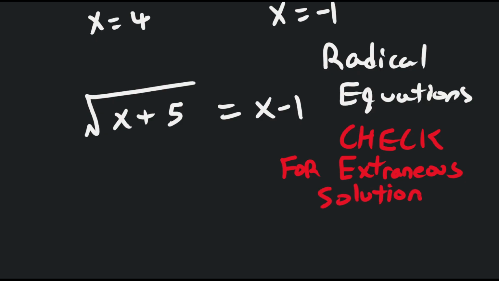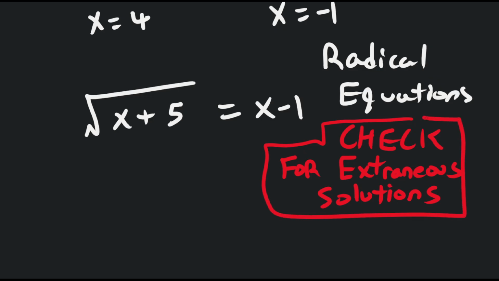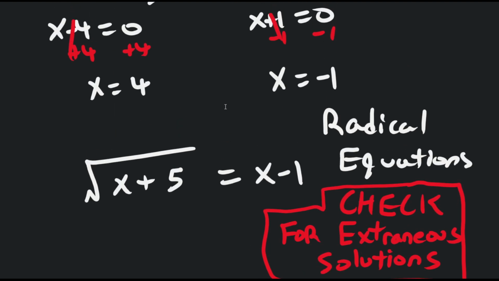Extraneous solutions pop up in radical equations. And what an extraneous solution is, this is very important: it's a solution that doesn't actually work when we plug it back into the original equation. And there's a reason why, but first, let's test both of these solutions.